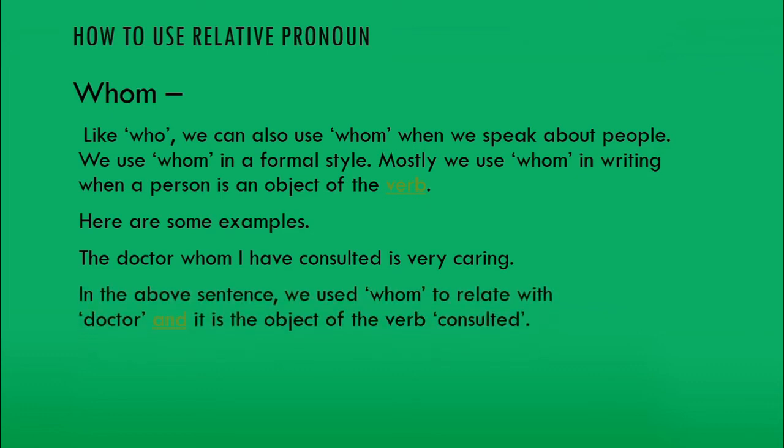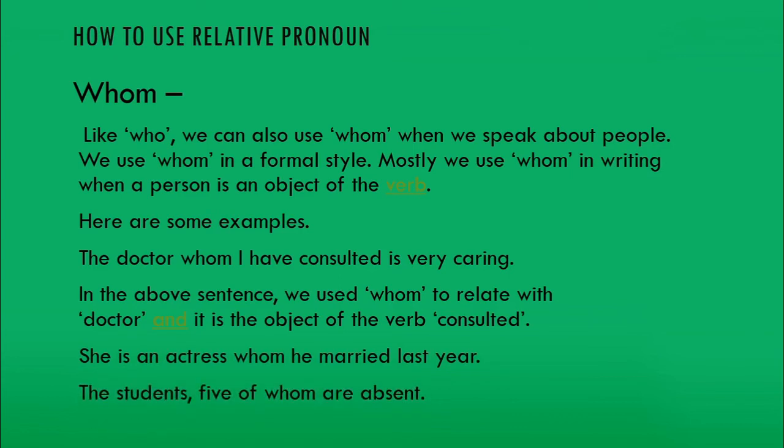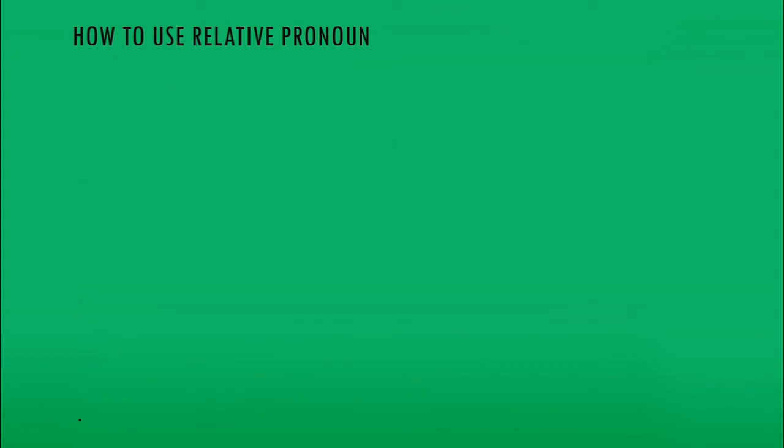So in this sentence, we used whom to relate with doctor, and it is the object of the verb consulted. She is an actress whom he married last year. The students, 5 of whom are absent. So here we have used whom to indicate the students. Right.